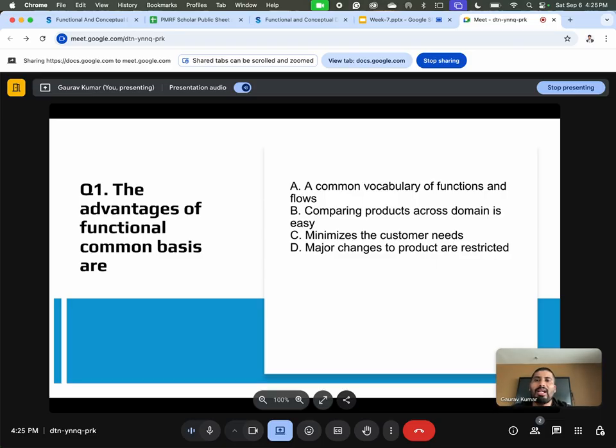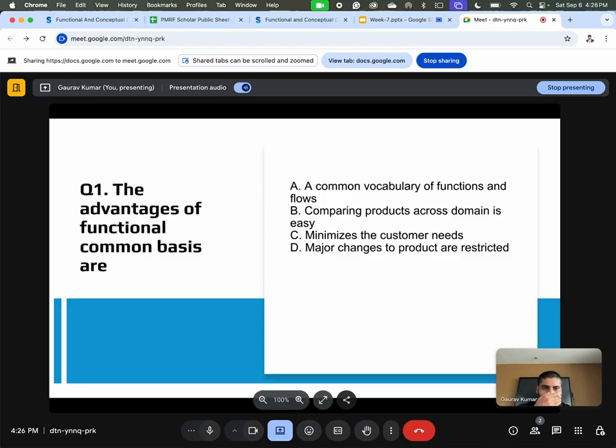So the idea of functional common basis is to create a standardized language for describing product functions and flow. This vocabulary ensures that every designer, engineer, or researcher working on a project interprets the terms in the same way.